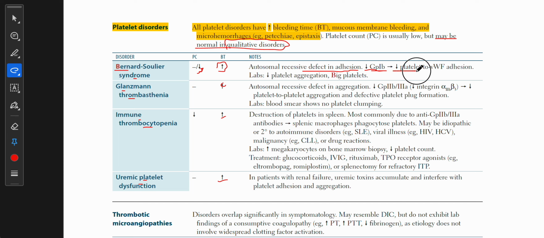So decreased platelet to von Willebrand factor adhesion occurs. GPIb is a receptor, right? So the defect is in the GPIb receptor in Bernard-Soulier syndrome. GPIb and GPIIb/IIIa, these all are receptors in platelet aggregation. We will talk about this later in physiology, where we do coagulation.